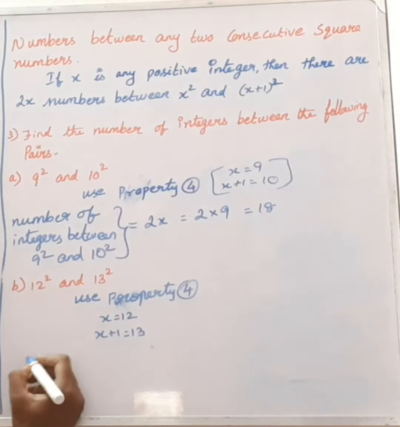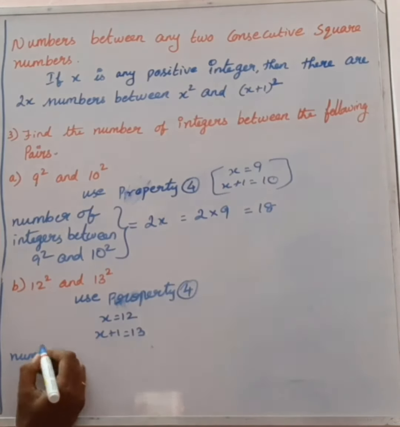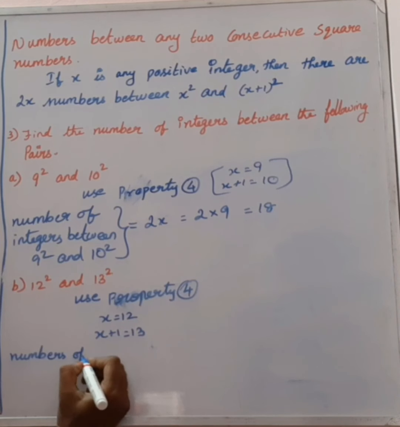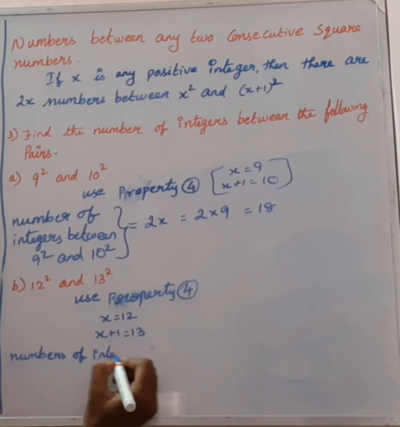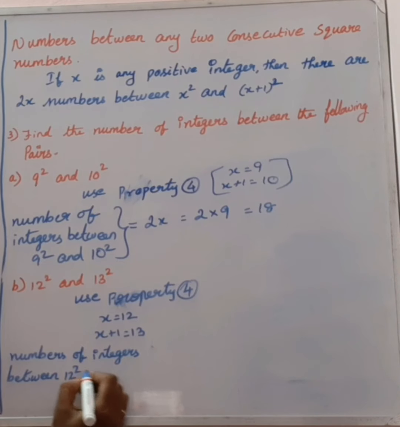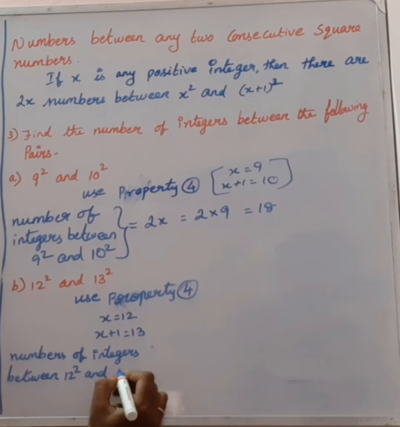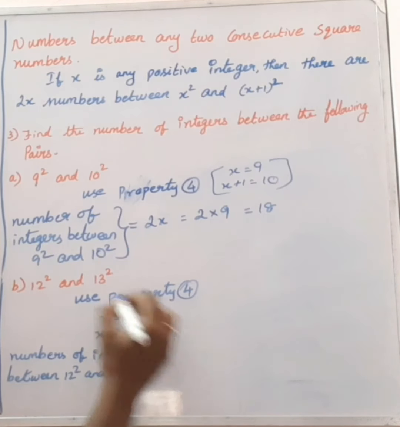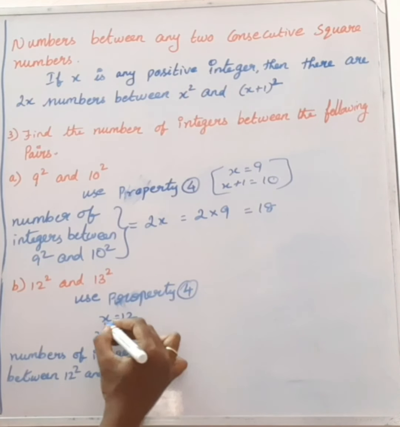Now, the number of integers between 12 square and 13 square is equal to, what is the x value here?